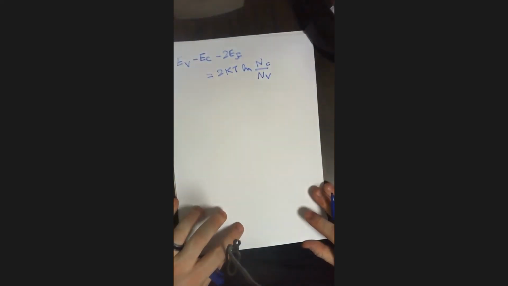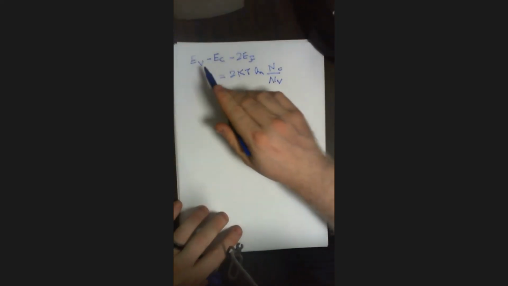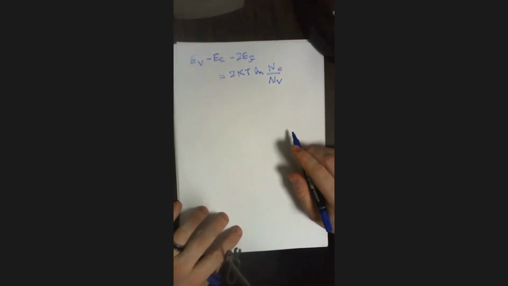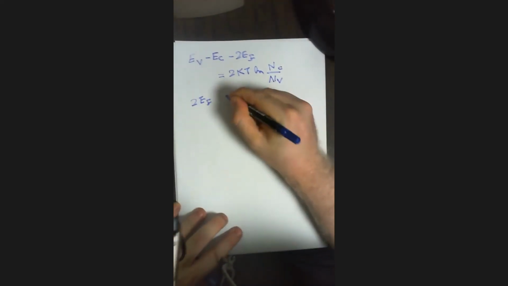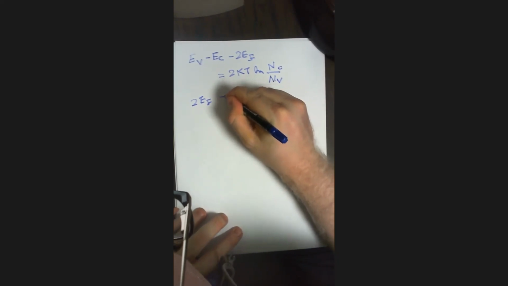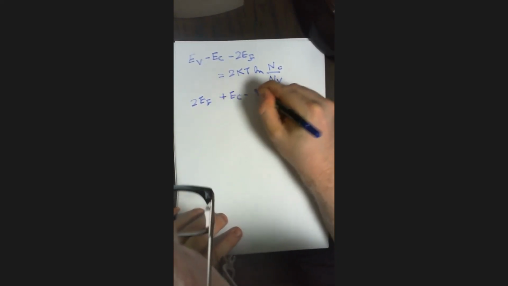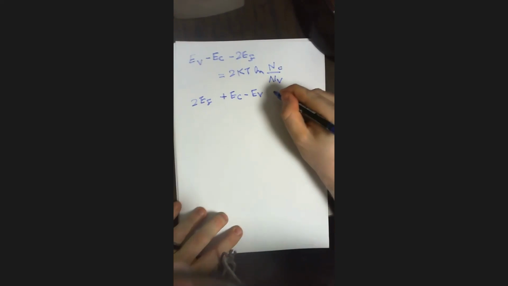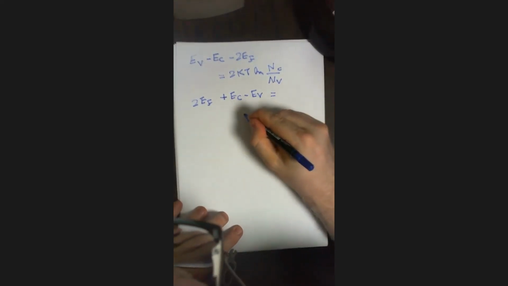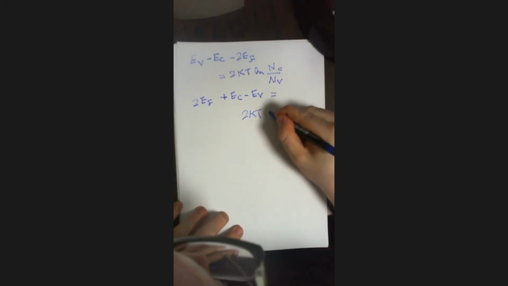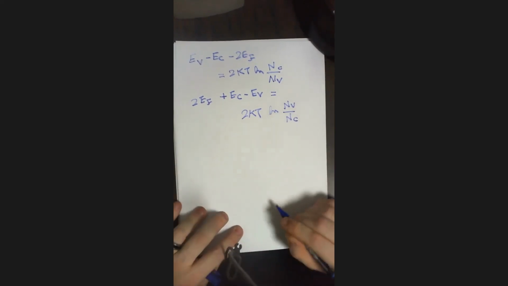Okay, that's perfect. Again, in order to continue, you can multiply both sides by a negative sign. So you can make it like that: 2EF minus EV plus EC equals KT, and this negative sign will flip NC and NV, so it will become ln of NV over NC.